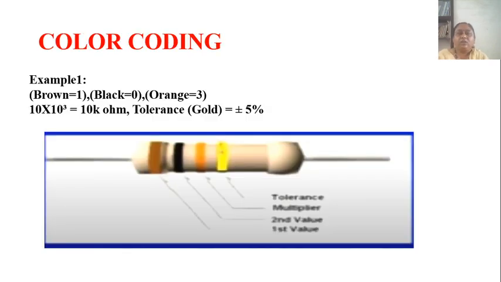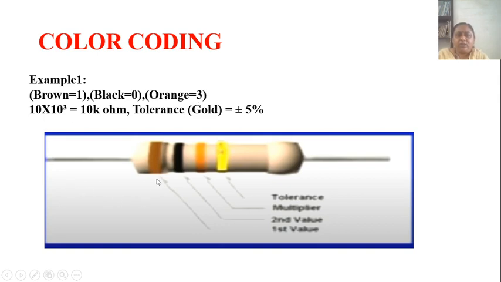Now color coding: the value of a resistor is calculated using color coding. See here, this is a carbon film resistor. These are the color bands as shown in the figure. The first color band is brown, next is black, and third is orange. Brown has value 1, black has value 0, and orange has value 3.